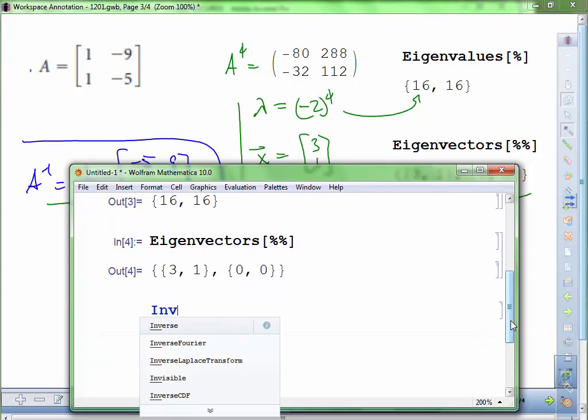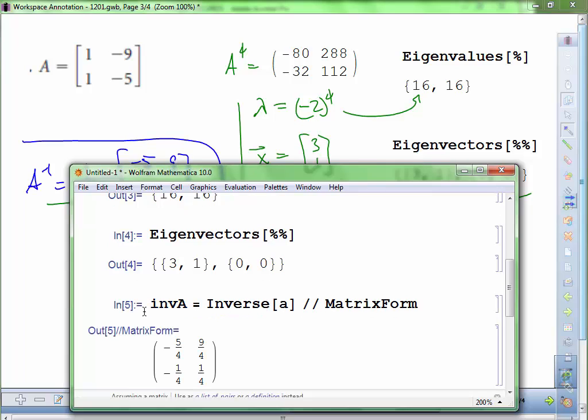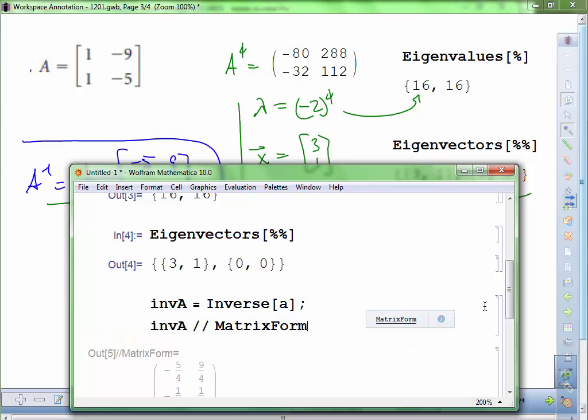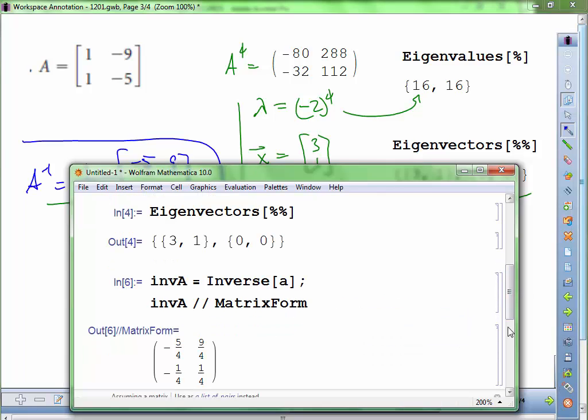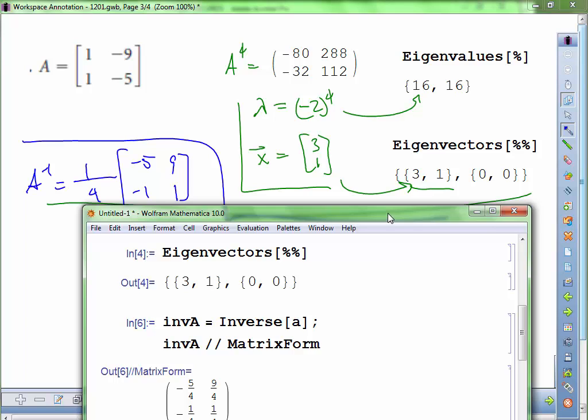So let's ask Mathematica to compute this for us. First, let's find the inverse of A. Oops, I don't want matrix form. So this is everything multiplied by 1/4 that we got.